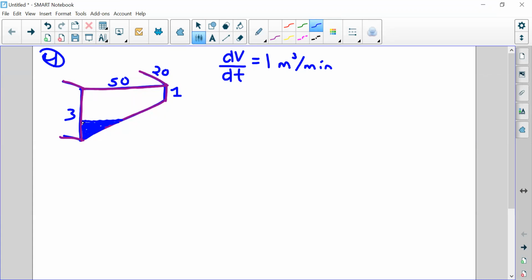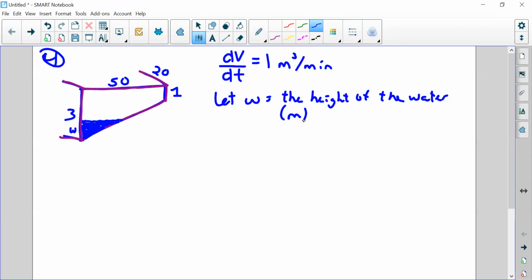So I'm going to let W represent this water height. So let W equal the height of the water in meters at any given time. That's going to be the height of our water in the pool.